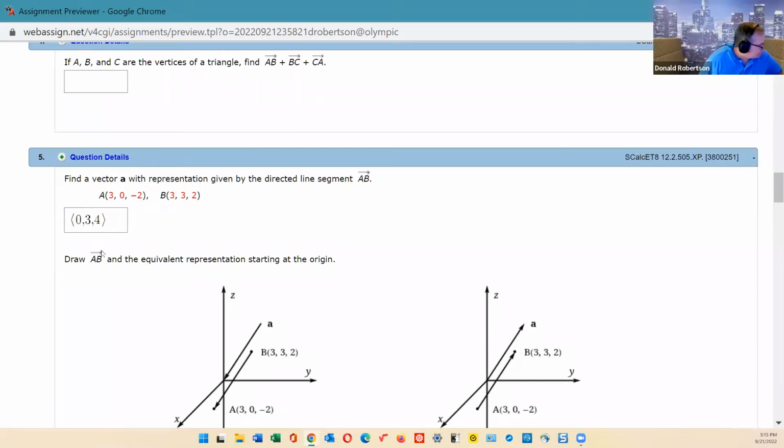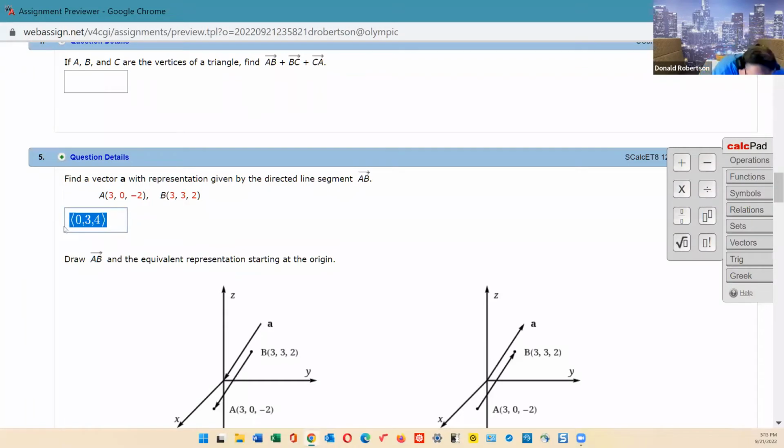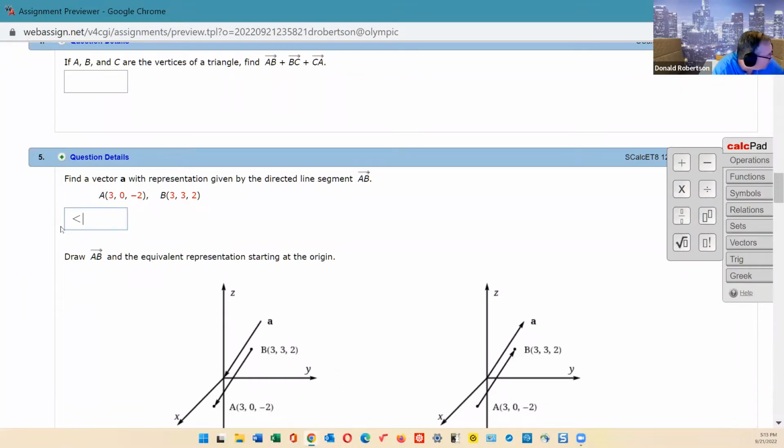What you don't do is on your keyboard, use the less than symbol and type in 0, 3, 4 and finish with that. Now, doesn't that superficially look like it's the way I just wrote it? If you type that into WebAssign, it'll just say, I don't know what you mean, and you're wrong.